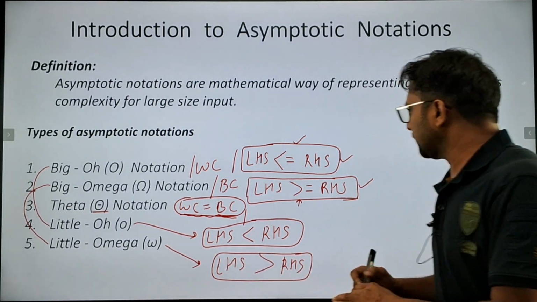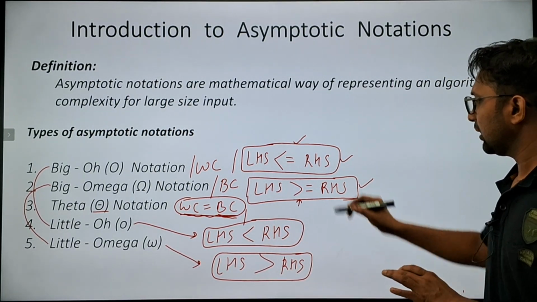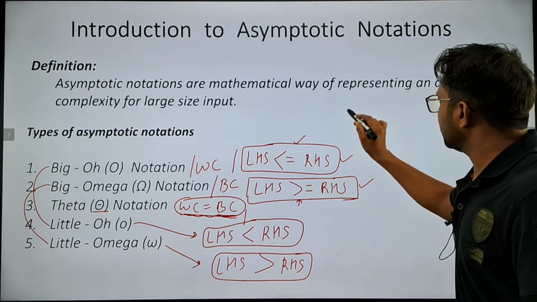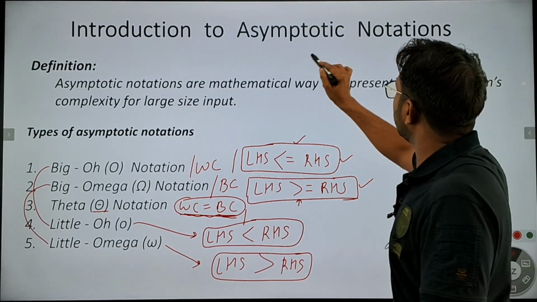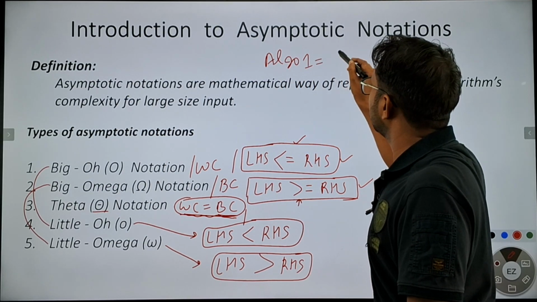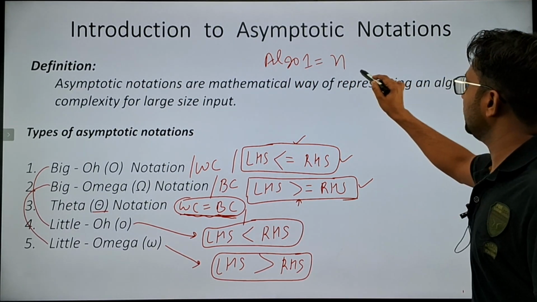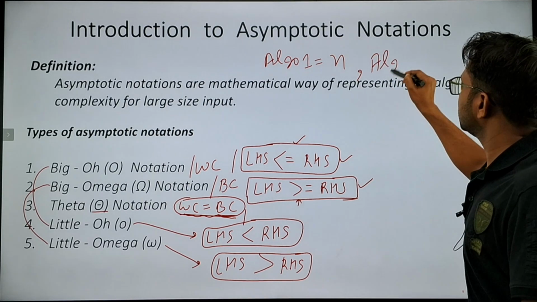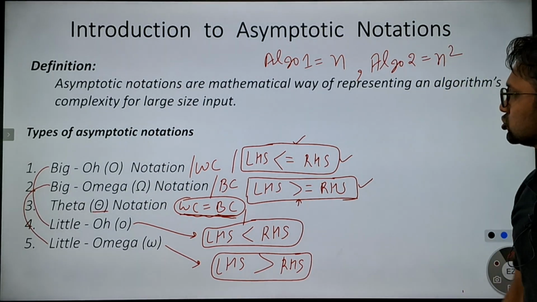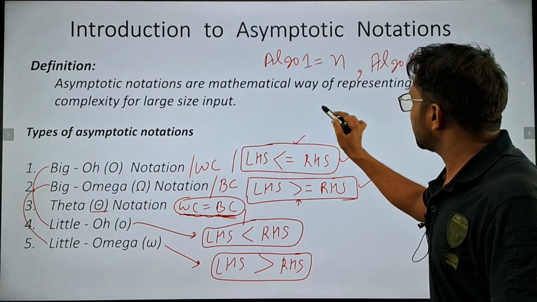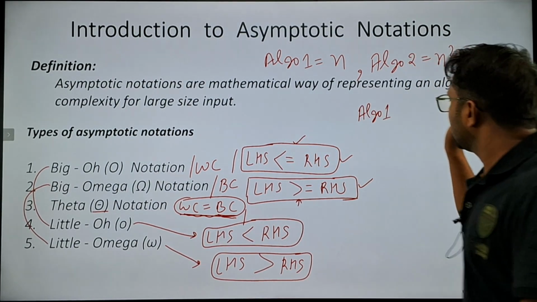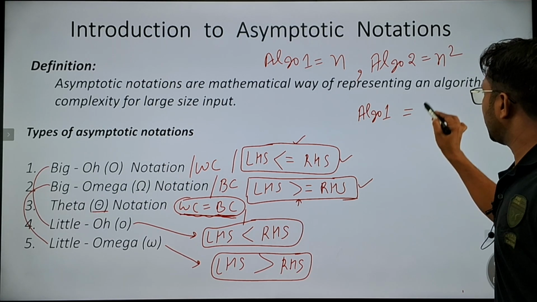Okay, let me take an example and go through all of this information. Let me write over here: algorithm 1 is taking n time, and algorithm 2 is taking n square time. I can represent the relationship between algorithm 1 and algorithm 2 by big O notation.